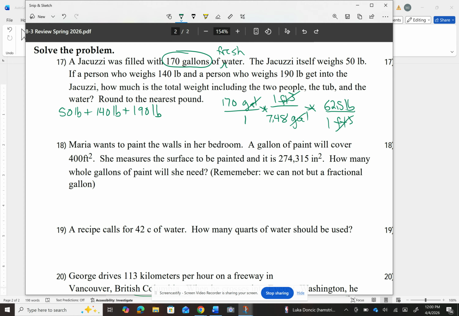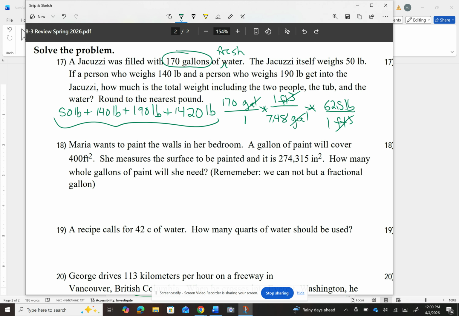All right, so that's a lot. And then add that to what that turned out to be, which was 1,400, if I round to the nearest pound, 1,420 pounds just for that, and then you need to add all of that up.